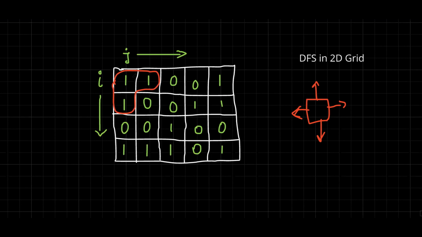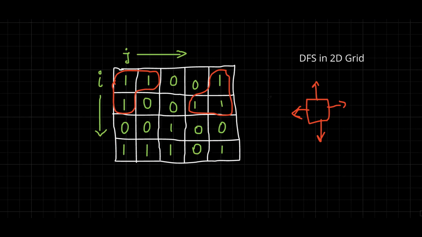Here all of the elements are 1. This can be one of the islands. Here all of the elements are also 1. This can be another island and this is another island. So here we can see that there are in total 4 islands.